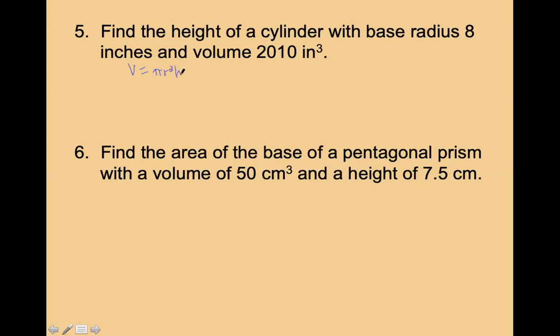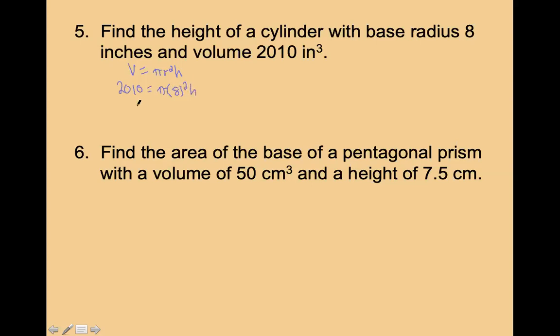All right, so there's our formula for the volume. Then we're going to fill in what we know, which I know this volume is 2010. I can put down my pi and put down our base radius is 8 squared, but we don't know the height.